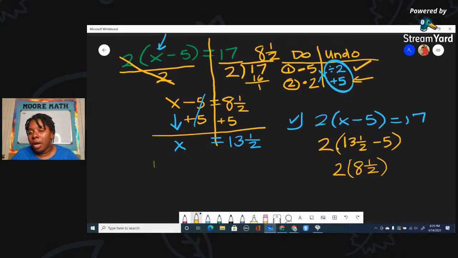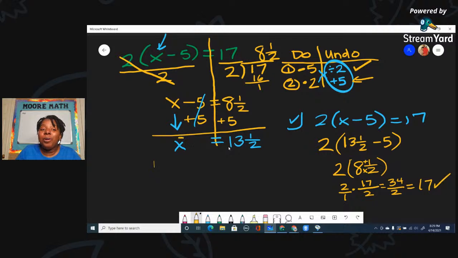Okay. And if you want to see that, either you can do 8.5 times 2, or we can turn this back into an improper fraction. 8 times 2 is 16, plus 1 is 17. Keep your denominator the same. And we get 34 over 2. And 34 divided by 2 is 17, which we wanted.